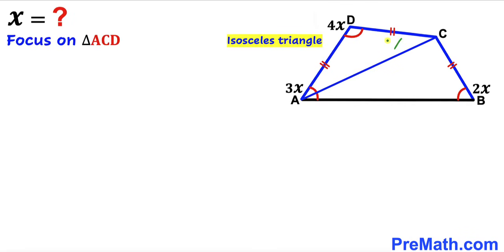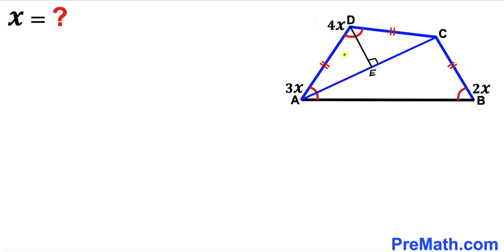Let's focus on this triangle ACD, and we can see that this is an isosceles triangle, since this side length equals this side length. In this next step I have dropped this perpendicular DE on the line AC. Since triangle ACD is isosceles, this angle is congruent to this angle.